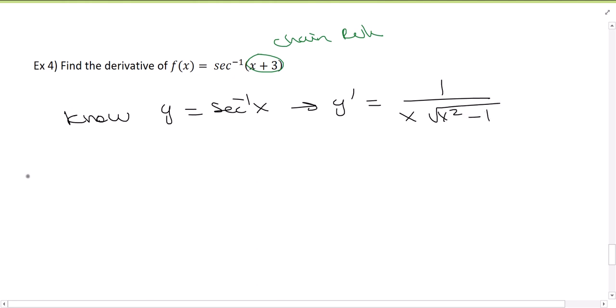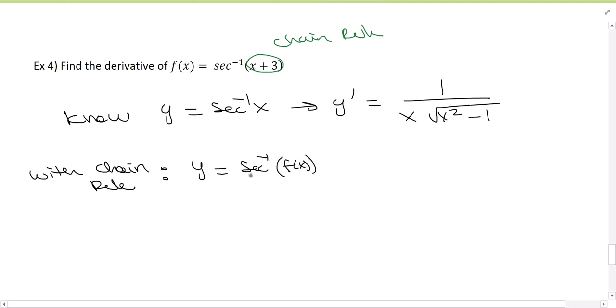And so with the chain rule, what will that look like? That means that if y equals secant inverse of f of x, some function, secant inverse of stuff, then the derivative is 1 over the stuff, 1 over f of x, times the square root of the stuff squared minus 1.